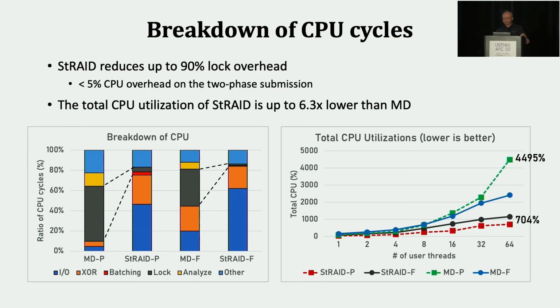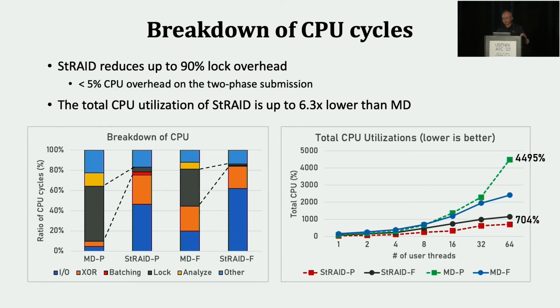However, StRAID gains higher throughput and efficiently uses twice as much CPU resources for computing exclusive OR and issuing IOs. So it spends most CPU cycles on IOs and the real work.